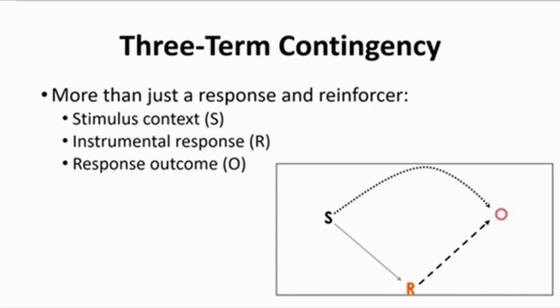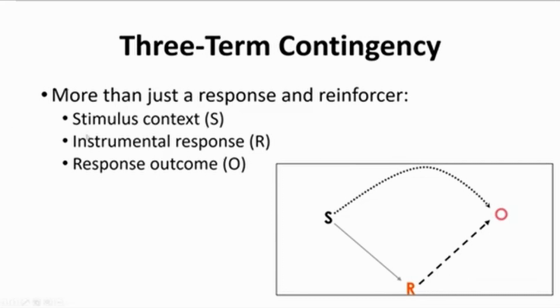The whole situation was also involved in whatever we were learning about the association between the response that was made and the reinforcing outcome that occurred. So including that idea of the stimulus context, the environment in which the behavior is occurring, adds this S term to the idea of a response and a reinforcer.